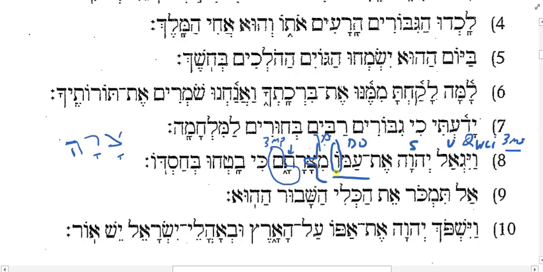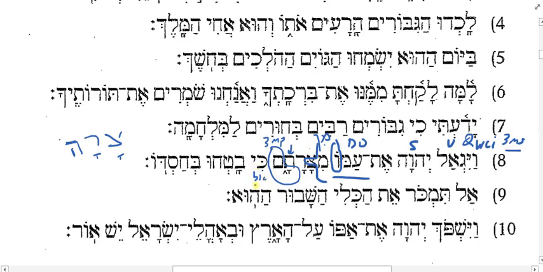From their distress. Okay? So back to the beginning. Adonai redeemed his people, mitzaratam, literally from the distress of them, from their distress. And then I have a key clause. What's one of the ways to translate the key here?